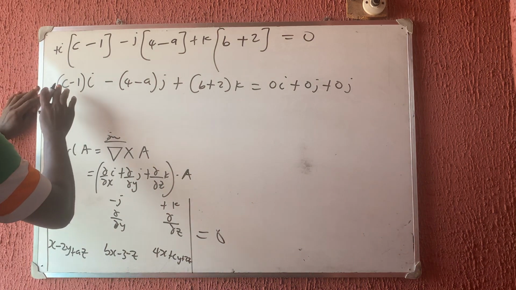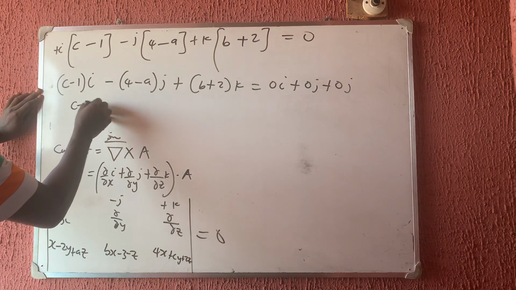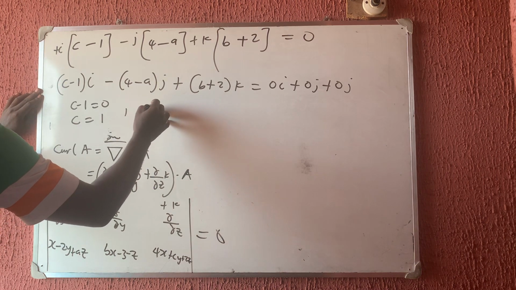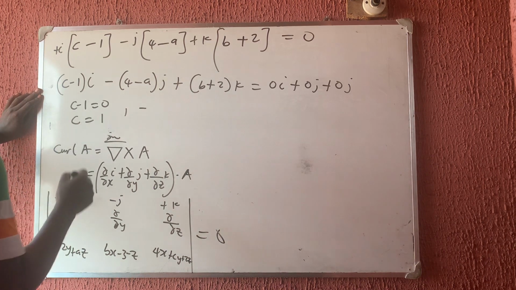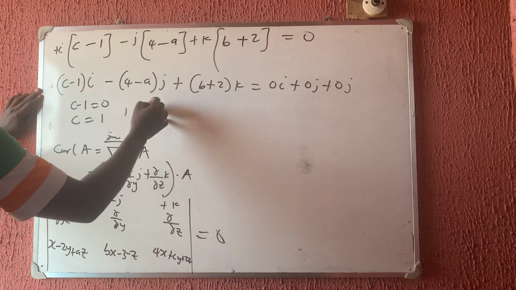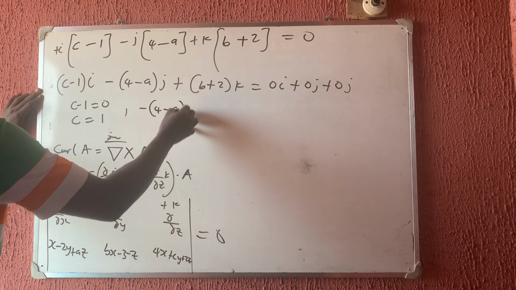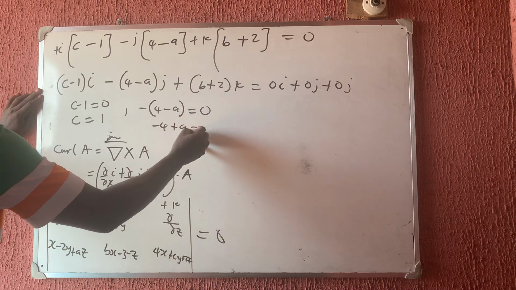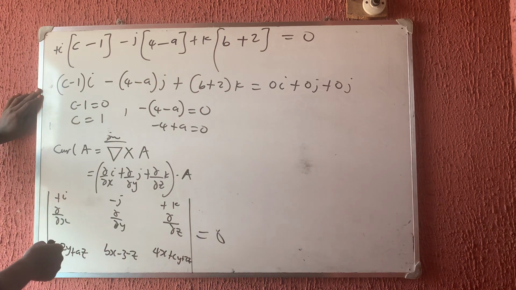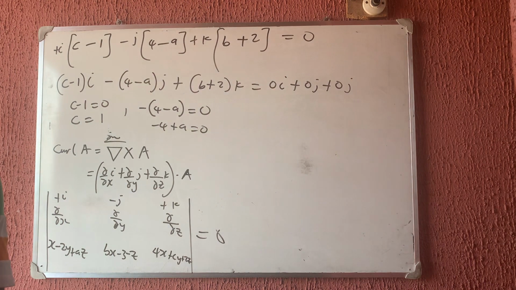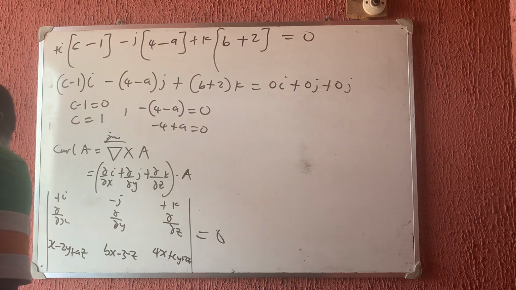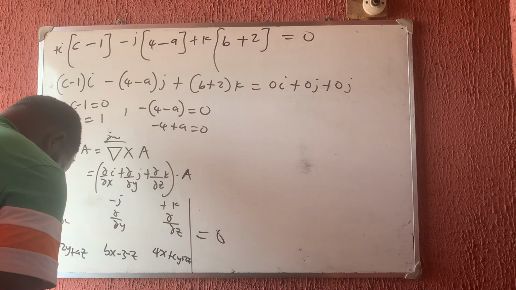Then equate. You now have that c minus 1 is equal to 0, so c is equal to 1. Then minus into 4 minus a is equal to 0. Therefore, minus 4 plus a is equal to 0, so a is equal to minus 4. Where did I see that question?